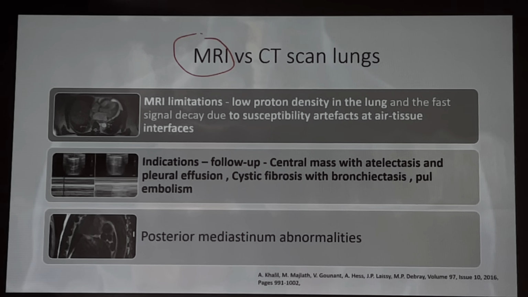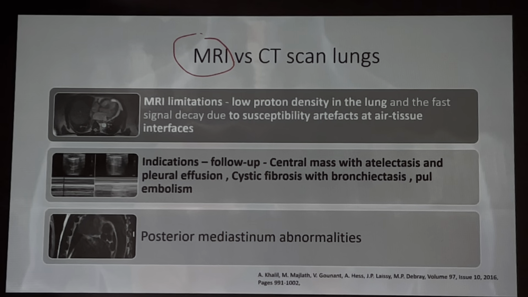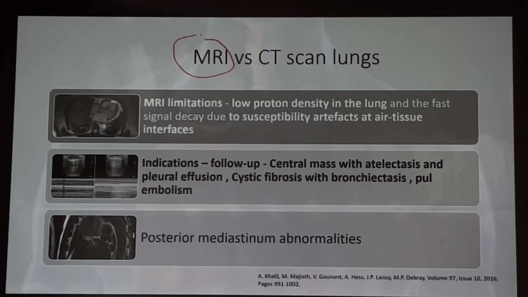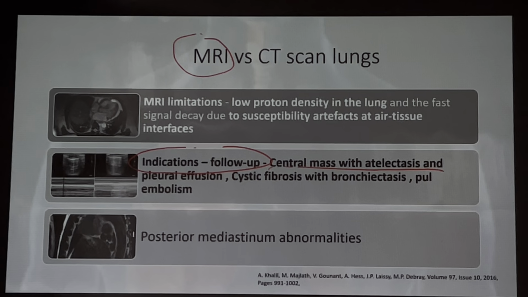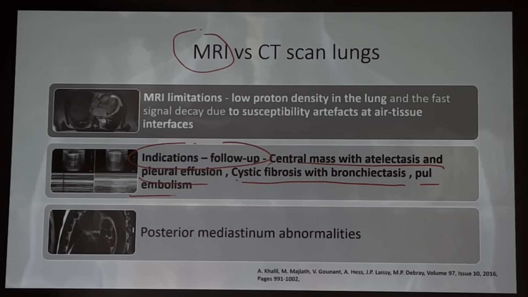Regarding MRI, I'm listening to a lot of talks for almost the past 7 years. The problem with the MRI, which I discussed with my radiologist, they say that it takes a lot of time. Now there are new machines, new algorithms. You can do MRI as per the literature, especially during follow-up of a central mass with atelectasis, with pleural effusion, cystic fibrosis with bronchiectasis, pulmonary embolization.